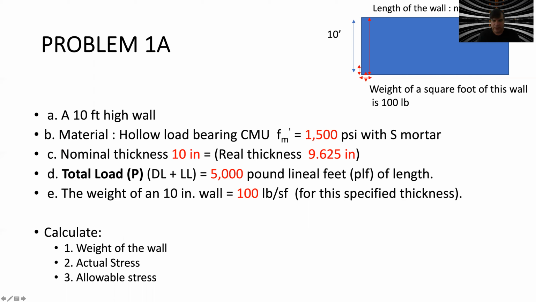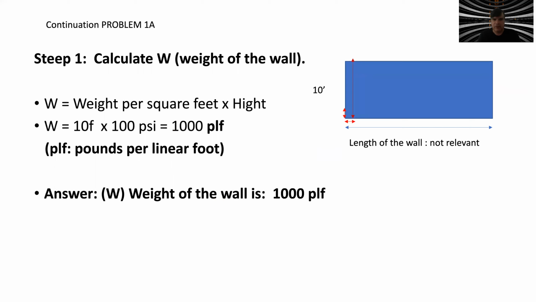We need to calculate 3 things, as I explained: weight of the wall, actual stress of the wall, and the stress that is allowed. I will explain that now. Let's go with the first one, weight of the wall. This is so simple. This wall has a height of 10. It's written 10, okay?